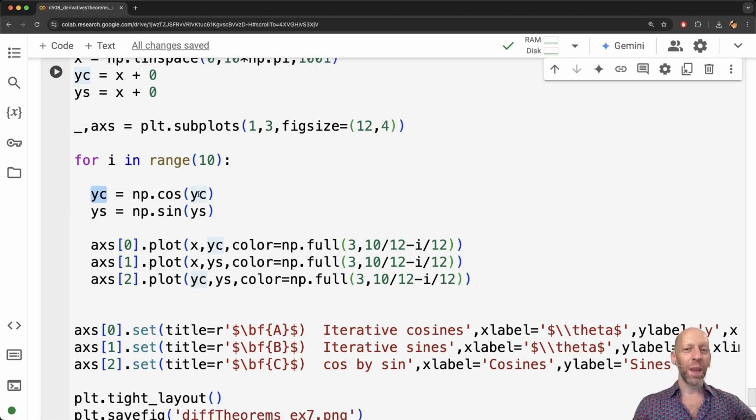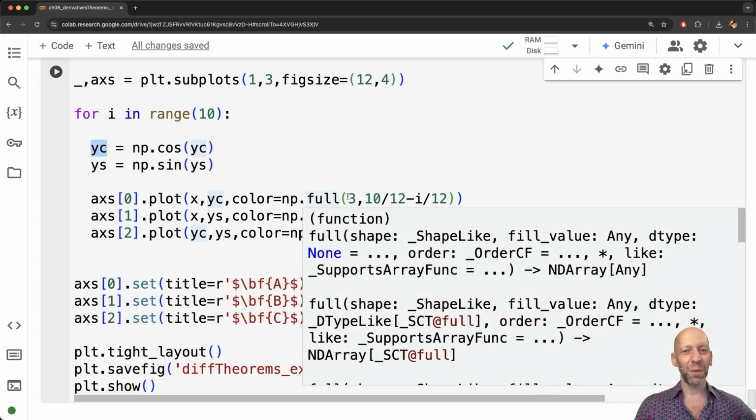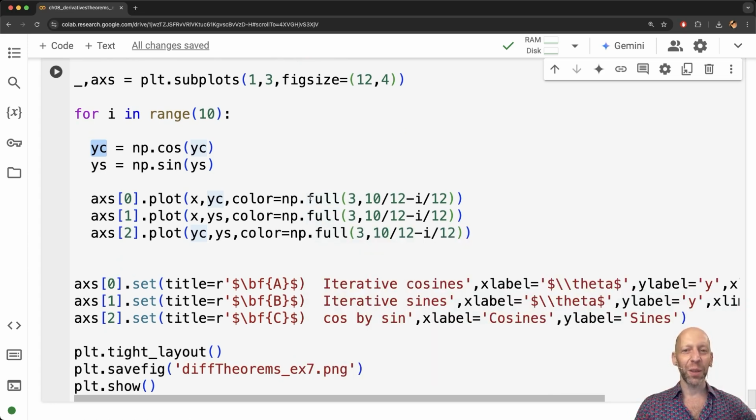All right, so then here's where I just define the color values. I'm using numpy.full with 3 as the first input. So this is going to create a 3-element vector. And all 3 of those elements are equal to 10 divided by 12 minus i divided by 12. So why did I pick these values?